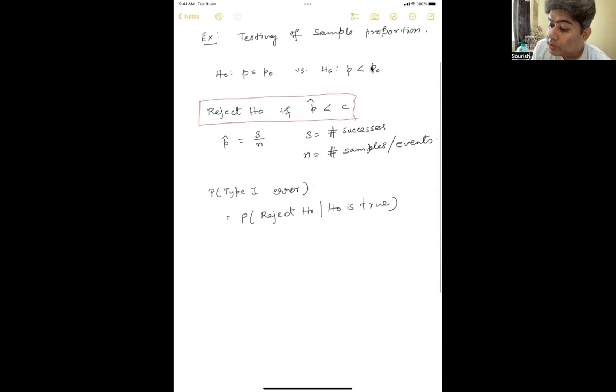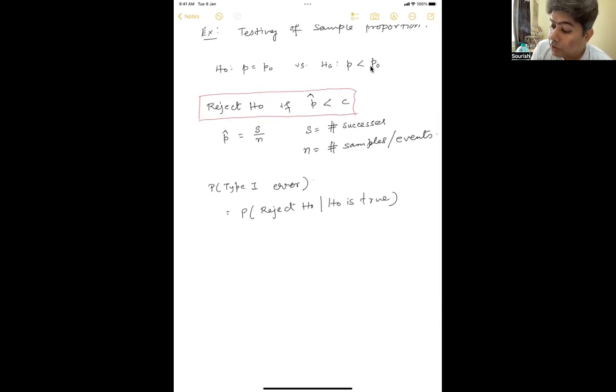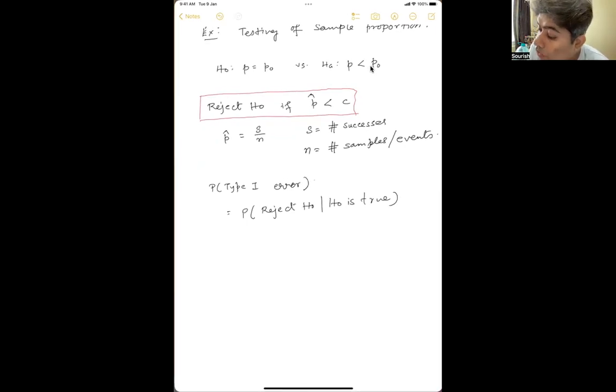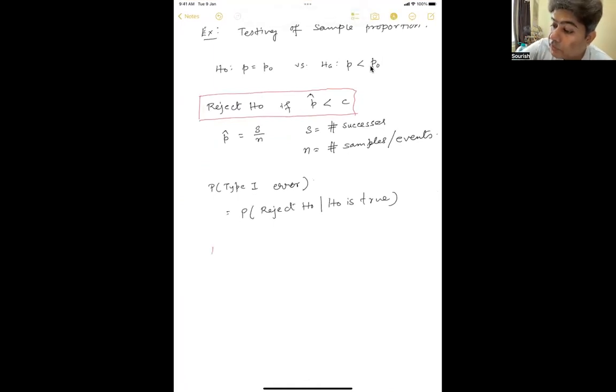Now the problem is, there are two kinds of error that we may commit if we choose C improperly. This is the probability of type 1 error. Another is the probability of type 2 error.